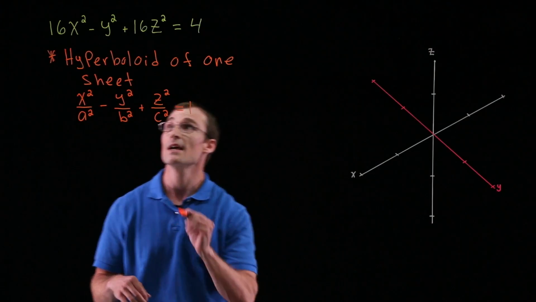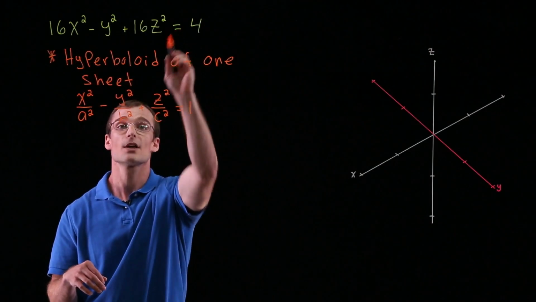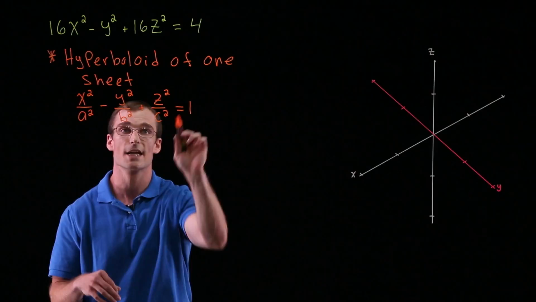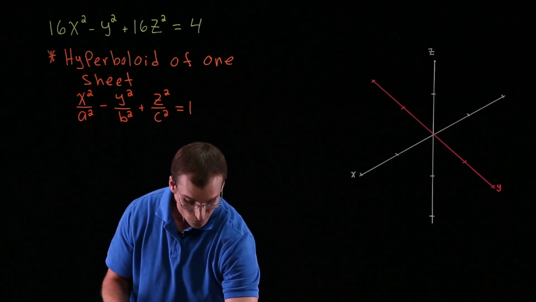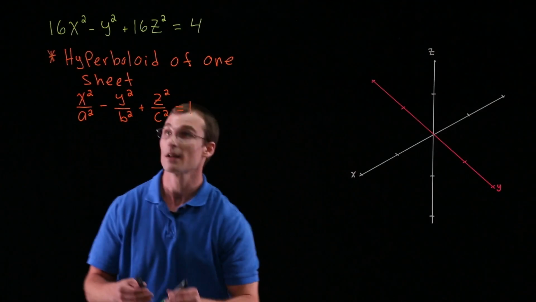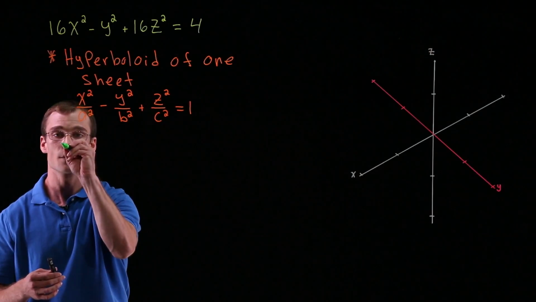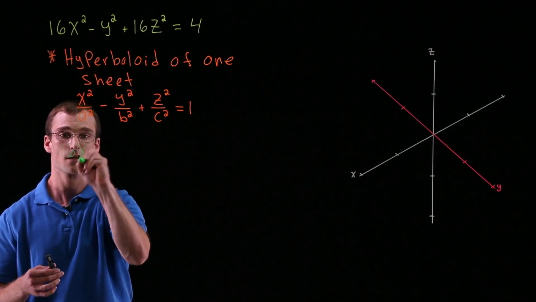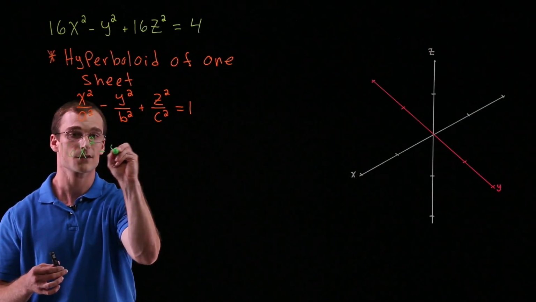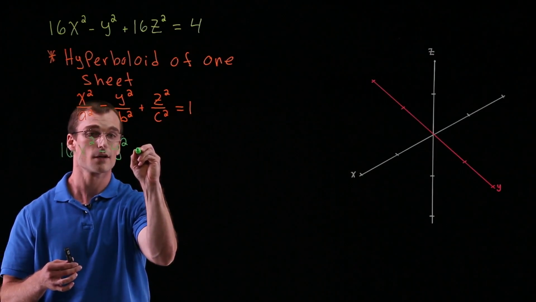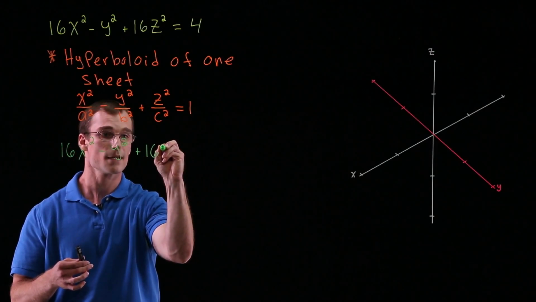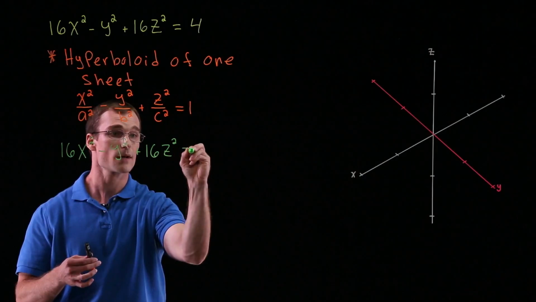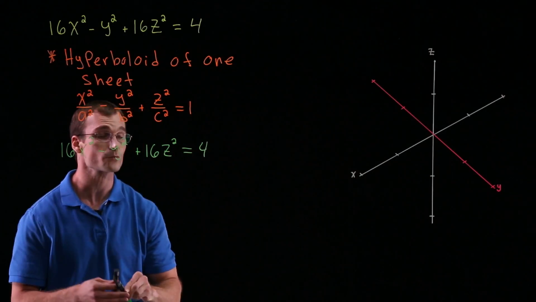Our first step is we're going to take the equation that we're given and rewrite it so it's in this more standard form. So let's take our equation. We have 16x squared minus y squared plus 16z squared is equal to 4.